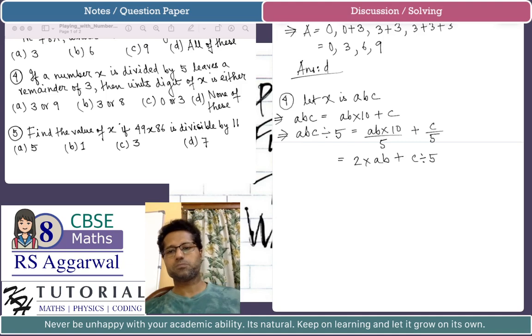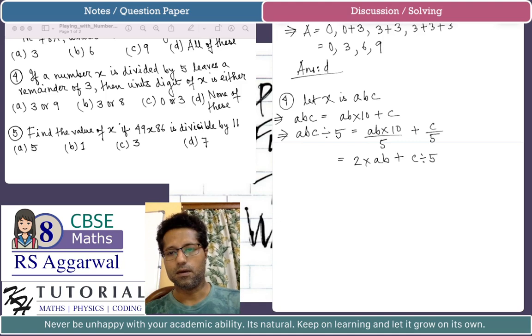Now it is also given that when x is divided by 5, it leaves a remainder 3.